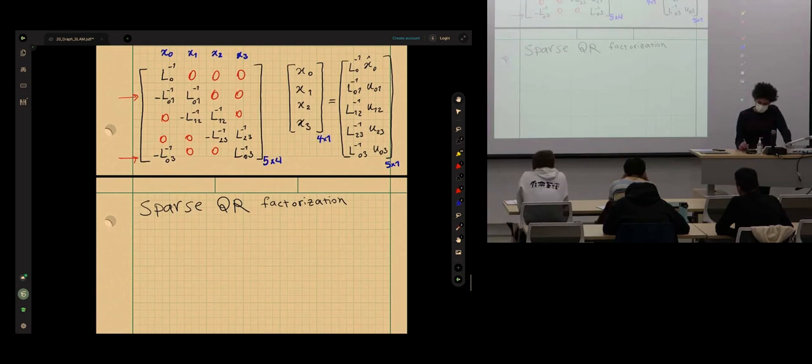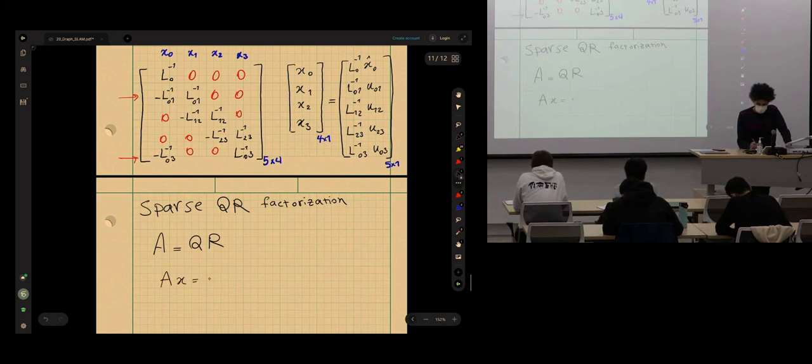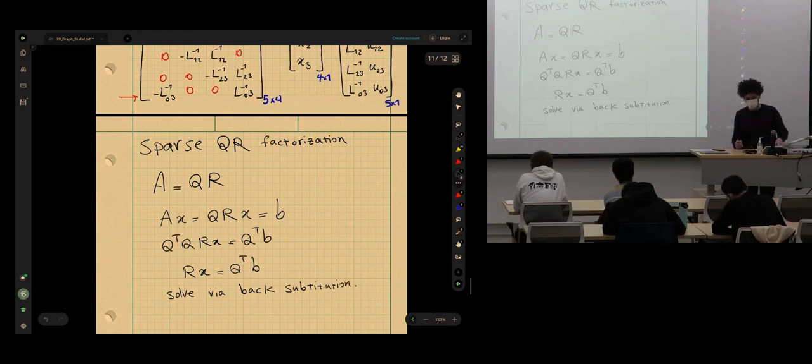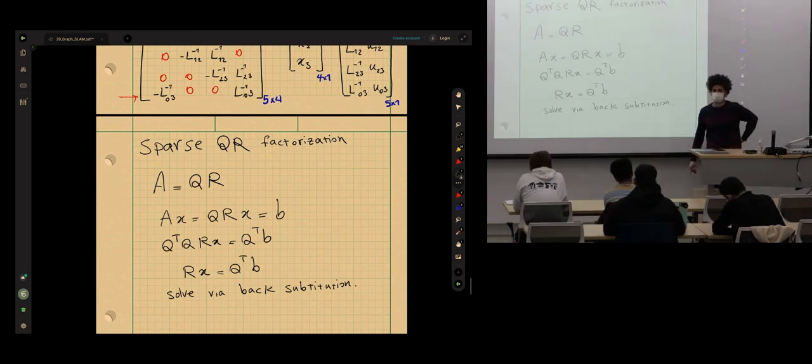So if we use a sparse factorization library, then A equals QR, AX equals QRX equals B, Q transpose QRX equals Q transpose B, and we solve via back substitution, since R is an upper triangular matrix. So that's how we solve SLAM using a least squares solver.